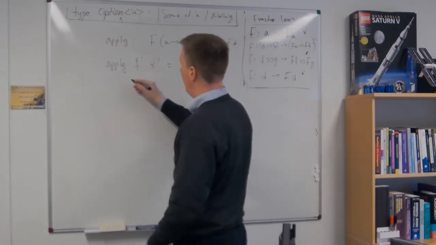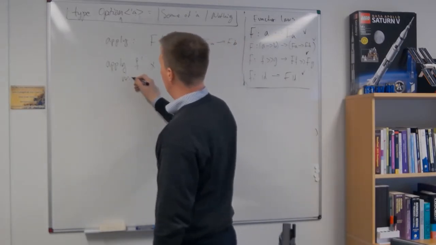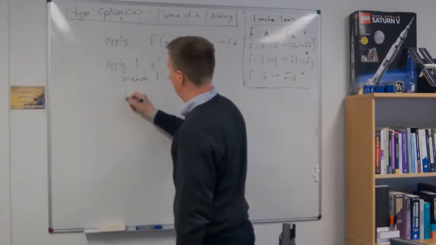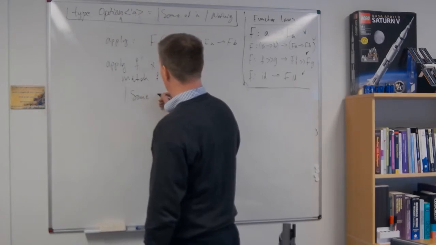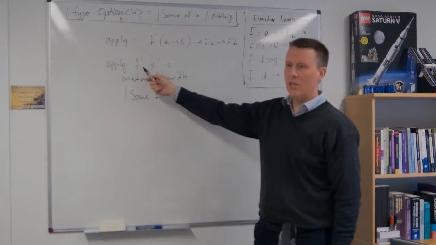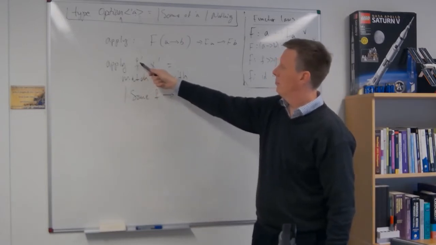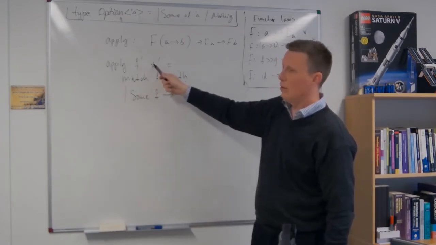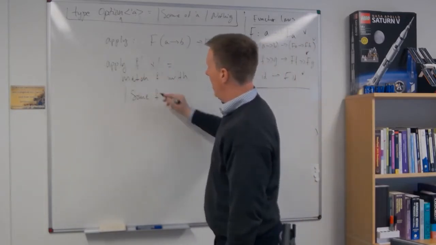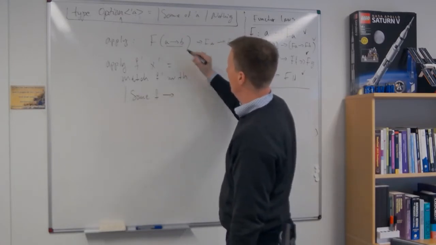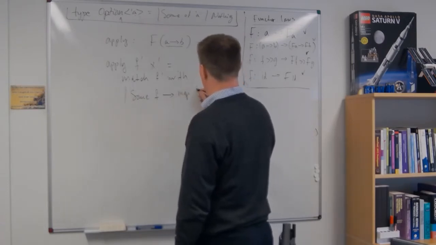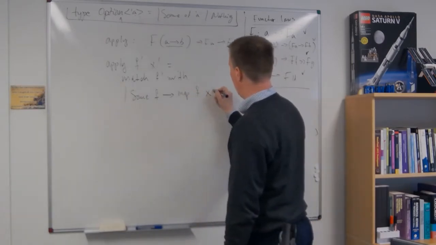And to see how this works, I can now say match f prime with Some f. So now I just match on this function here. I know that this must be a functor. That's a requirement. So now I can match on this f, pull out the actual function, which is this guy, and then I can just say map f on x prime.